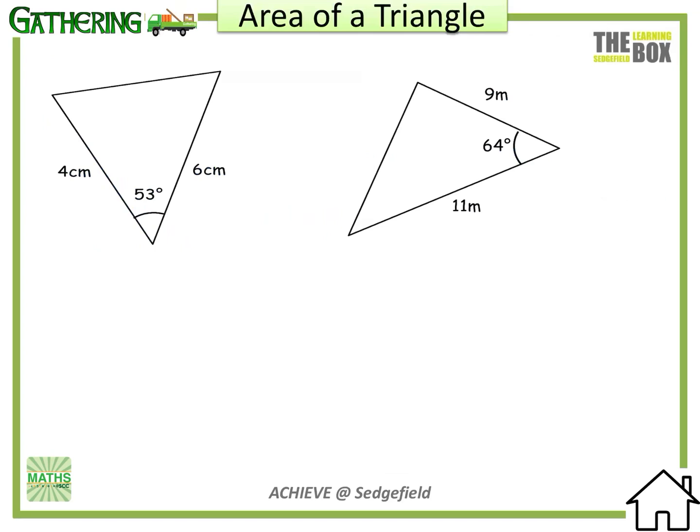Two questions for you to have a go at yourself. Stop your video and I'll tell you the answers. This one is 9.58 centimetres squared to three significant figures, and this one is 44.5 centimetres squared to three significant figures.